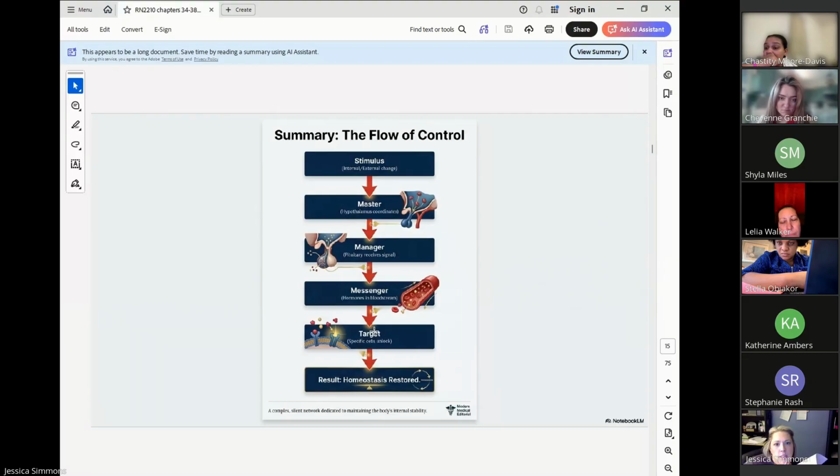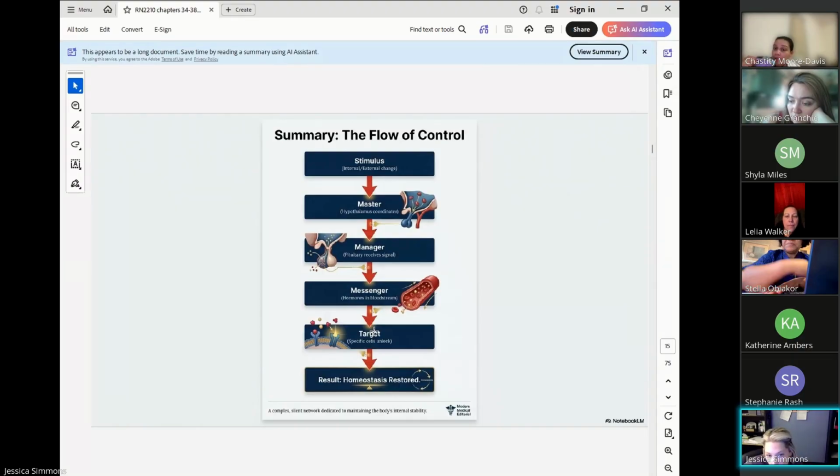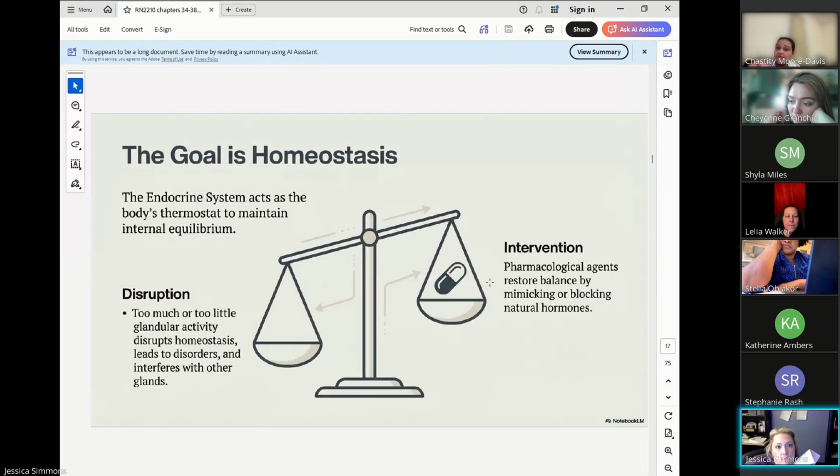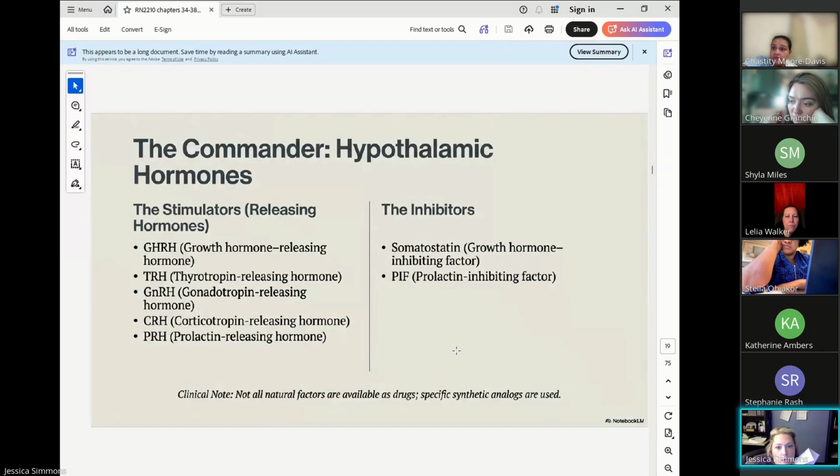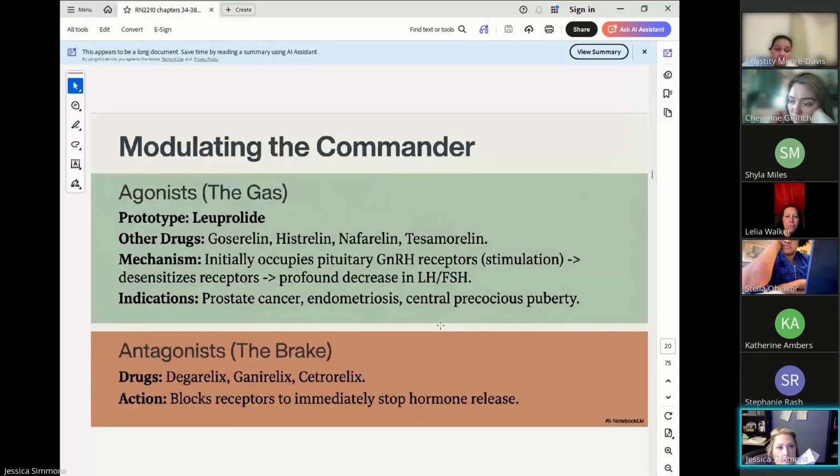There's a stimulus, and the master gland, the hypothalamus, tells the pituitary to do something. The pituitary does what the hypothalamus told it, sends out a signal, a hormone gets secreted and goes to that specific target, and whatever the problem was gets restored. We talked about homeostasis so much and the goal of balancing. This is basically the same thing.